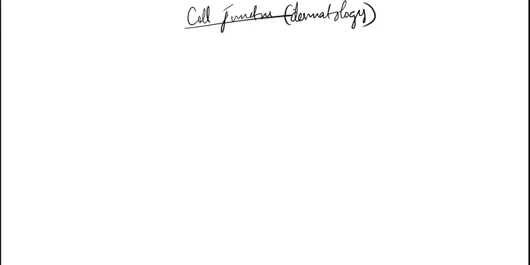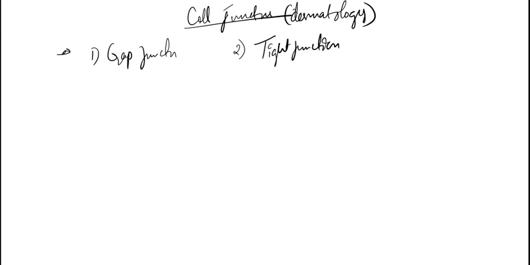Now if you ask me what are the different cell junctions that we see, there are three. First one is gap junctions, second one is tight junctions, third one is desmosomes.